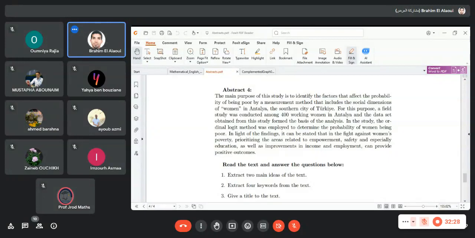Ahmed, can you read what you wrote? I think: identify the different factors that affect the probability of being poor of women in Italy.